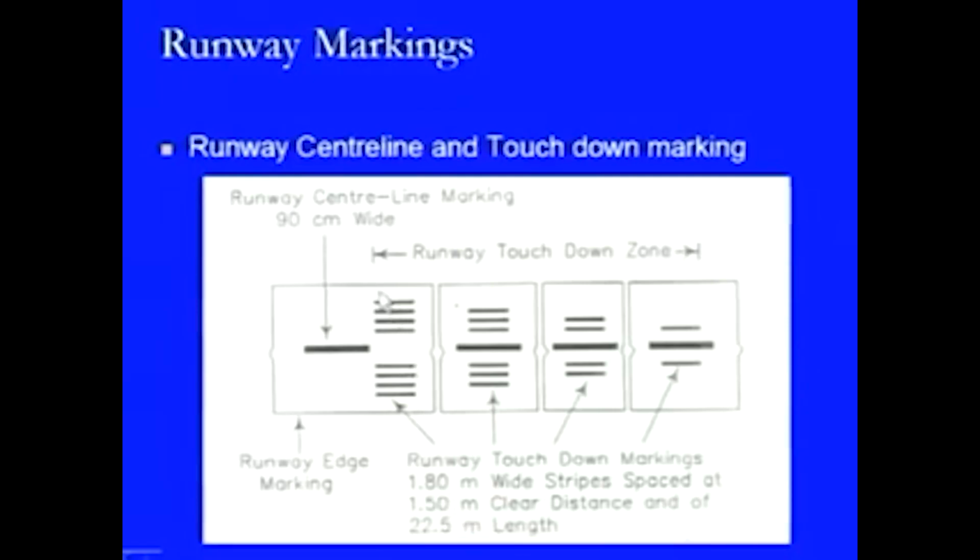So, starting from these 4 lines to the single line which is located up to this particular distance, that is the runway touchdown zone. The aircraft will be coming and touching at this location, and these strips are provided depending on the requirement. This number will be changing, there will be 4 strips and then 3 strips and so on.